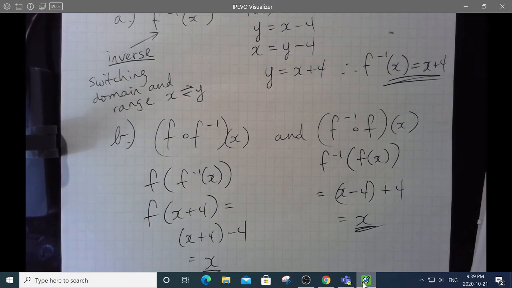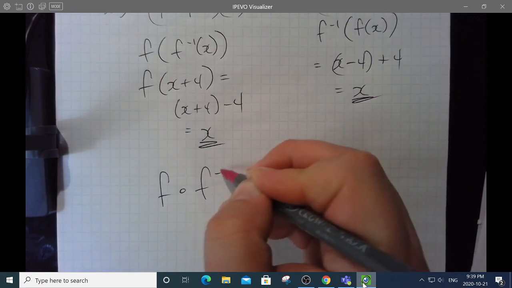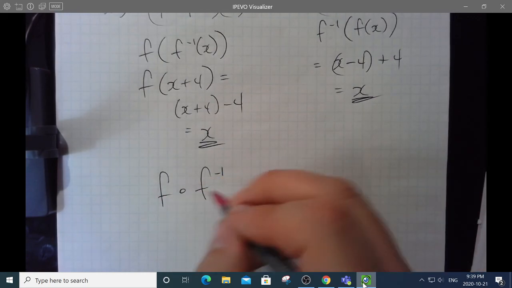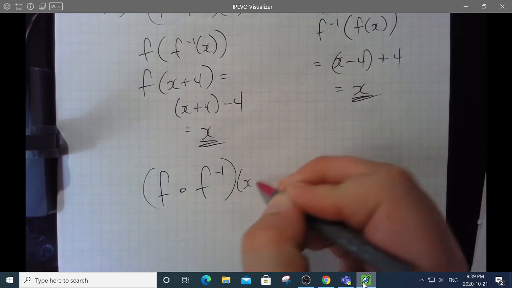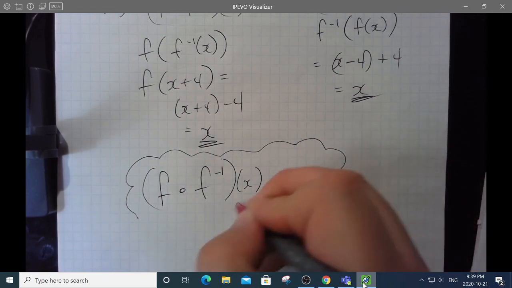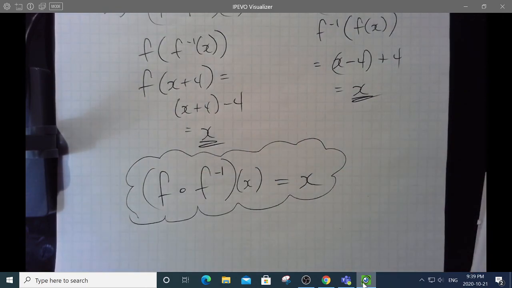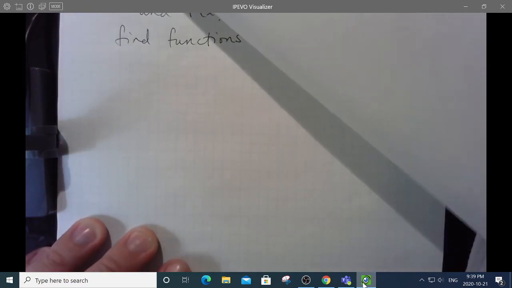We can generalize that. That tends to be true, that f of f to the negative 1 of x will indeed always equal x. That's actually a rule, and it comes in handy sometimes when you're trying to prove things. Okay, so that's 4a and b for example 4.